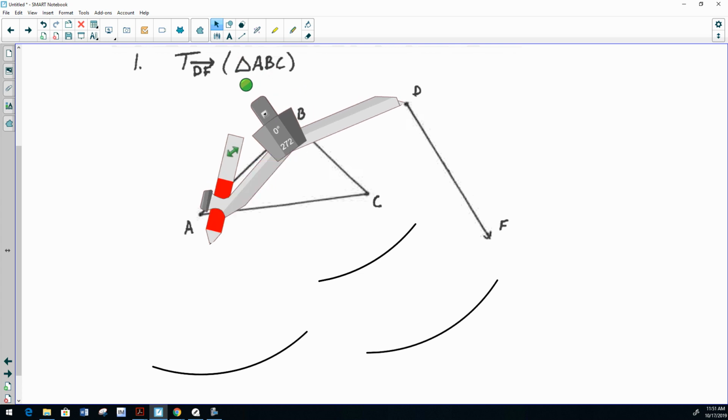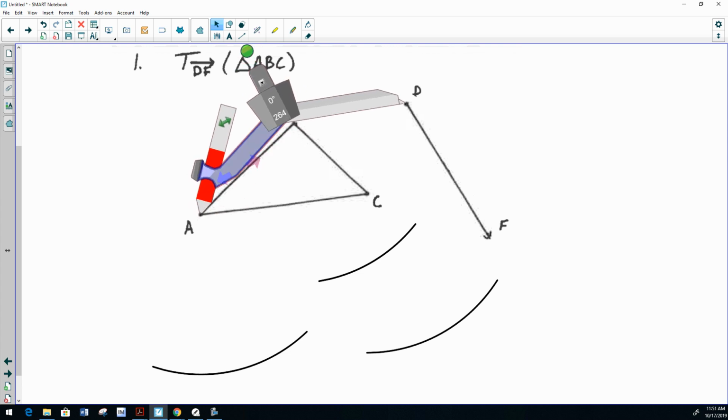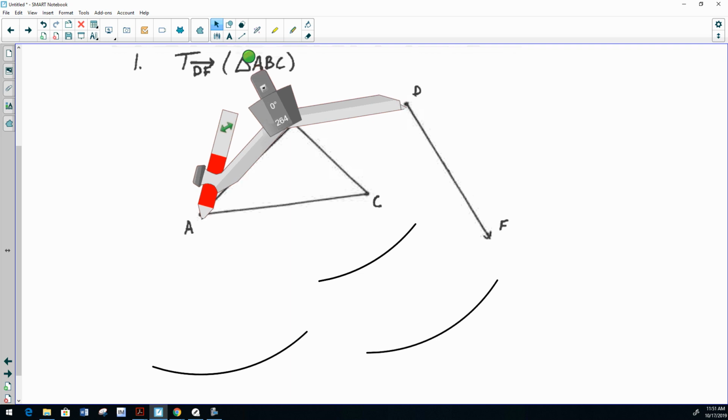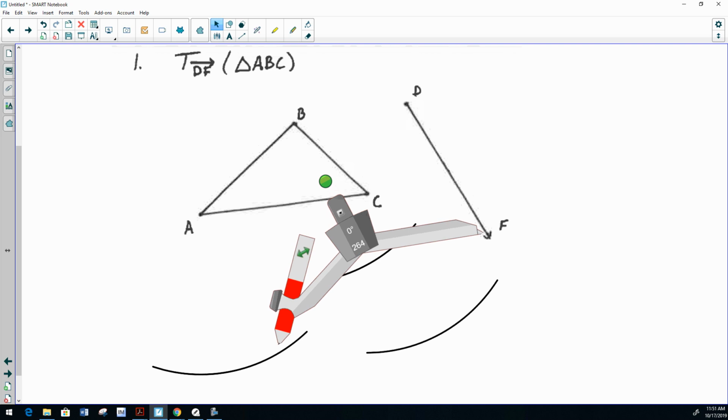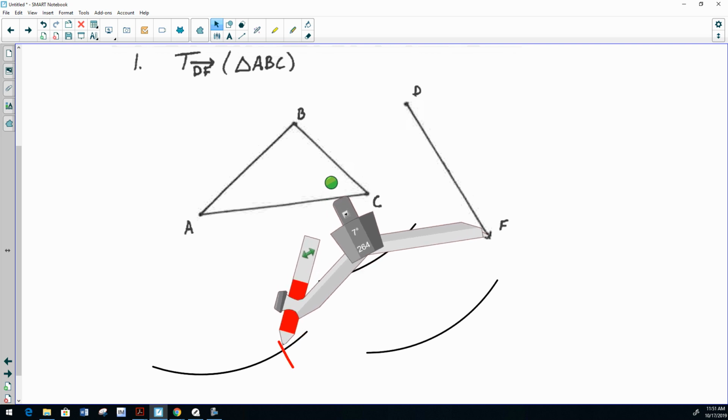So all you're doing is measuring. Okay, I finally got it. I measured from D to A. Without changing my settings, I'm going to slide this to F and mark off an arc. That's A prime. That's the location of A prime.